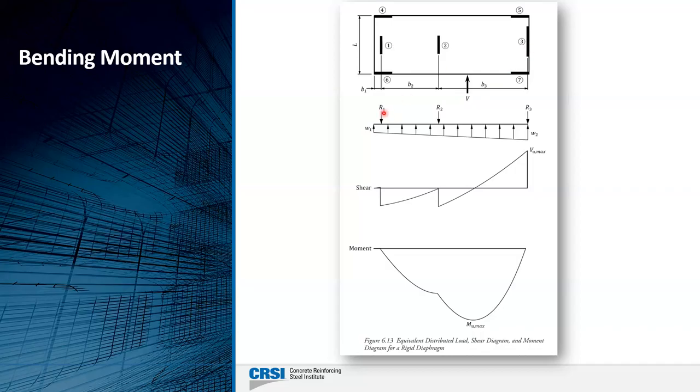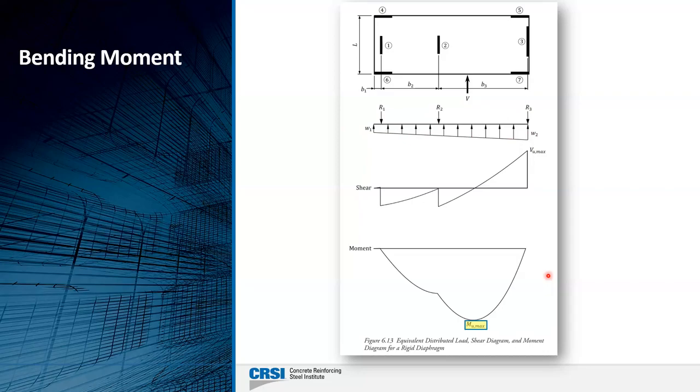So once we do that, we can find out what the reactions are in each wall, and we can model this as a beam. So this is a deep beam with 3 different supports, and knowing how that distributes across, for this particular case, it turns out to be a trapezoidal type of load. We know R1, R2, R3, and what W1 and W2 are. We can easily draw the shear and moment diagrams.